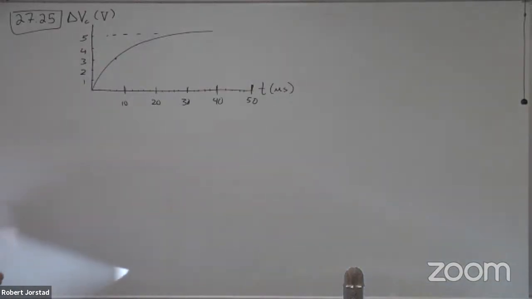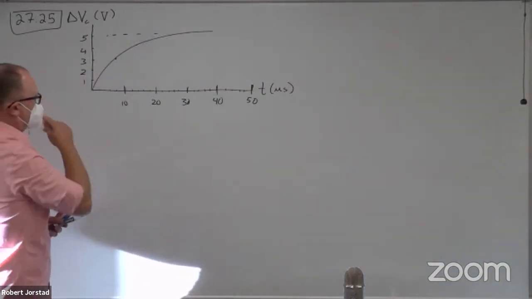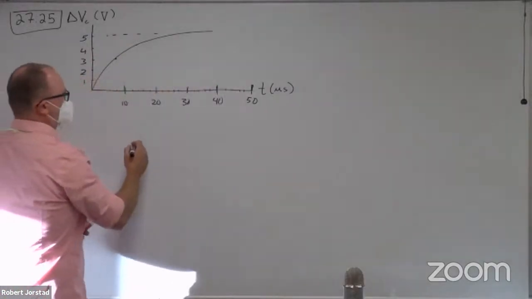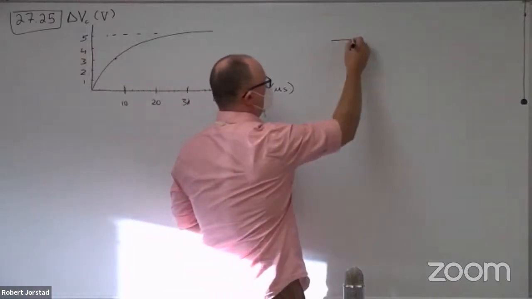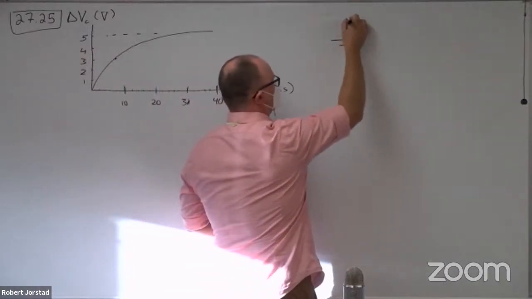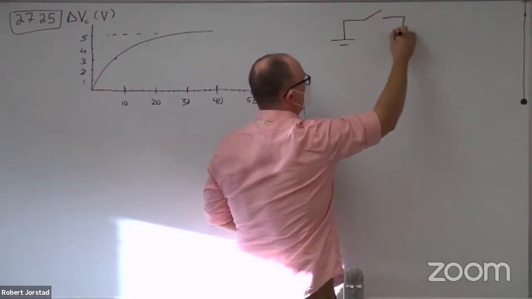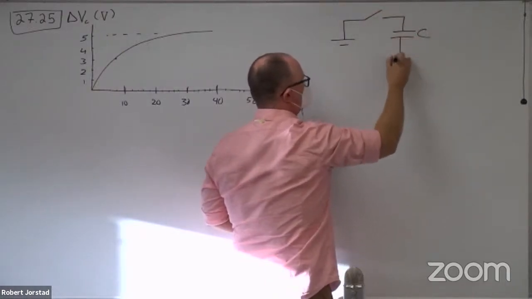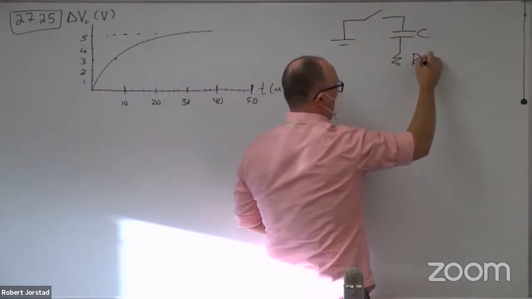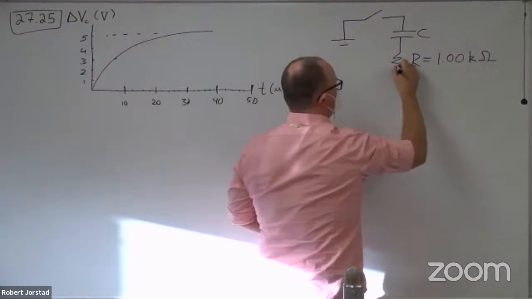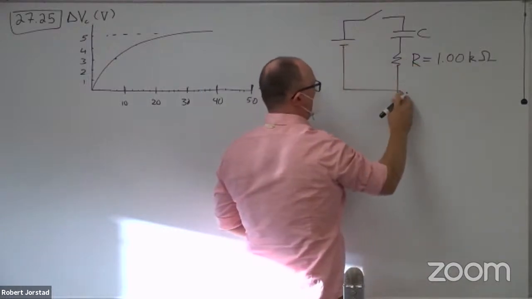All right. Anyways, we're told we have an RC circuit, and we're told that R is 1.00 kilo ohms.